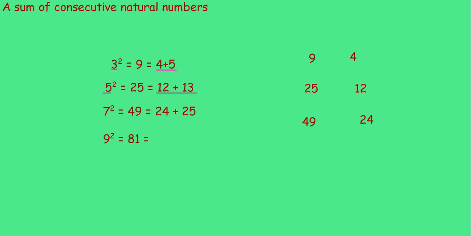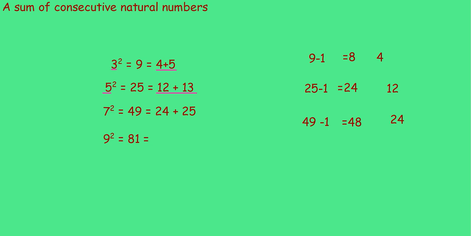From 9, one way I will say, what is 9 minus 1? Yes, it is 8. What is 25 minus 1? It is 24. Similarly, 49 minus 1, you will get 48. Now from 8 you get 4, from 24, 12, from 48, 24.